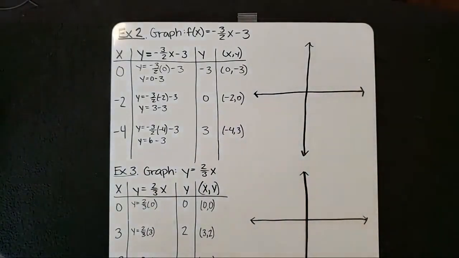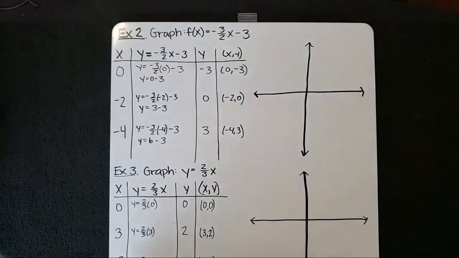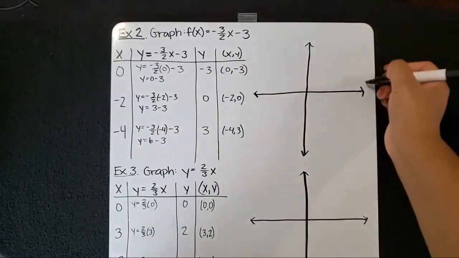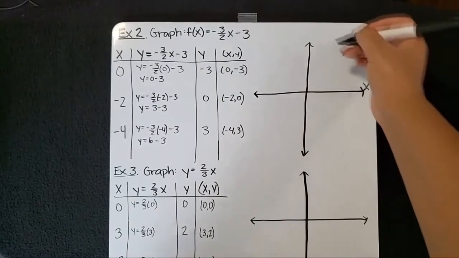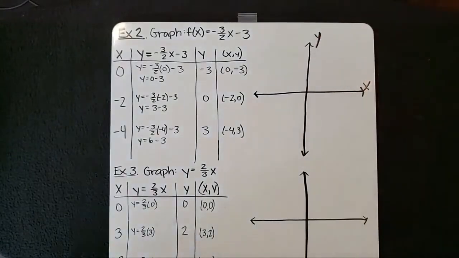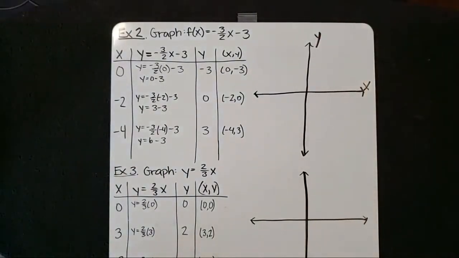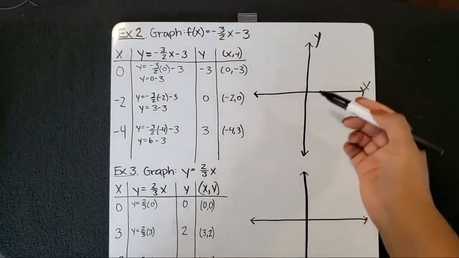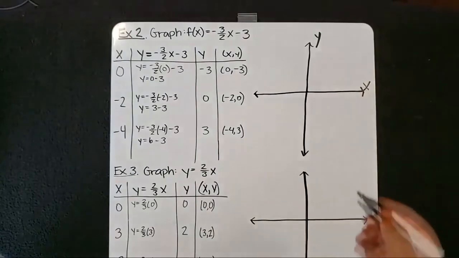All right. So when you're graphing, you want to start off with your vertical and your horizontal line. The horizontal line is the x-axis and the vertical line is the y-axis, okay? Of course, here in the center where they meet is the origin.